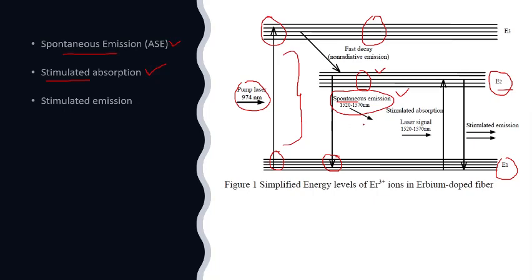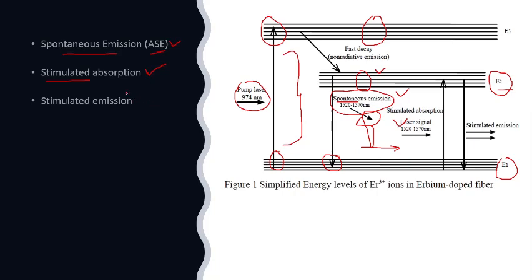Once the spontaneous emission photons come into the amplifier, they also get amplified with our actual laser signal. That's why we call it ASE, amplified spontaneous emission. So noise also gets amplified as the photons propagate in the fiber.